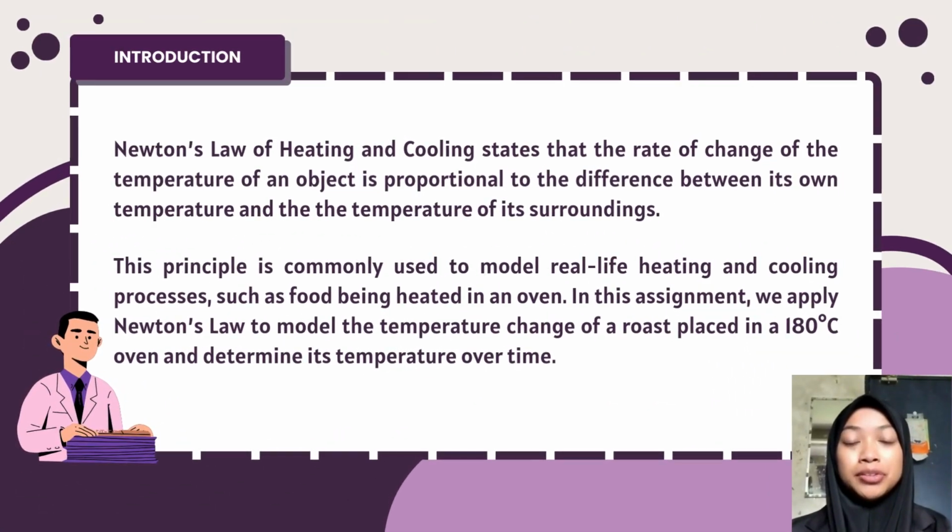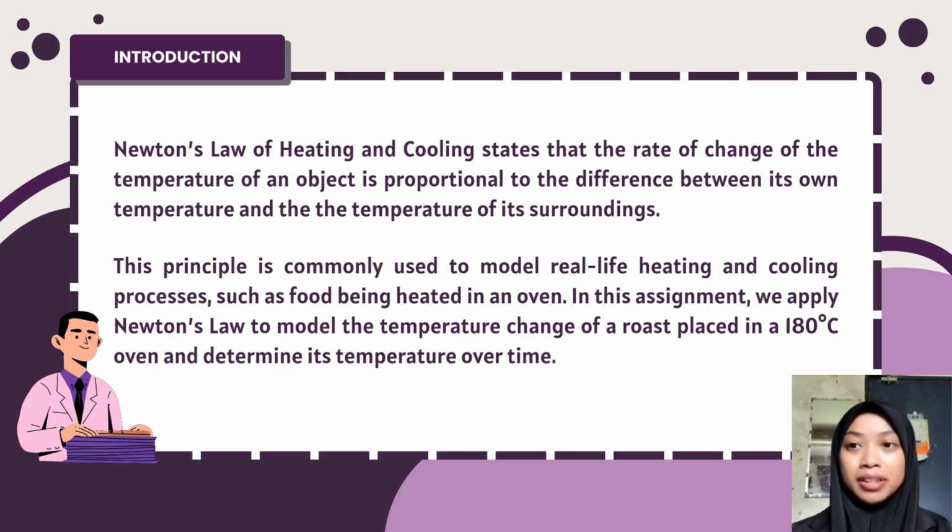Introduction. Newton's law of heating and cooling states that the rate of change of the temperature of an object is proportional to the difference between its own temperature and the temperature of its surroundings.